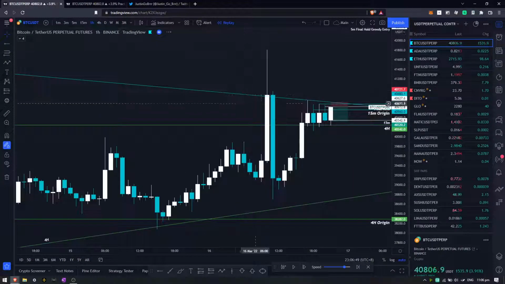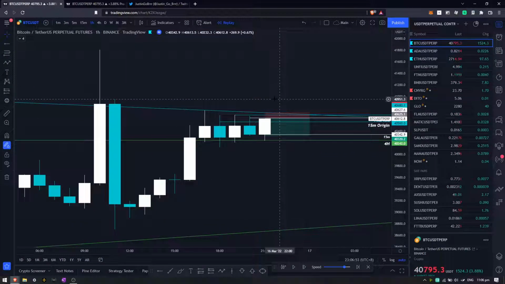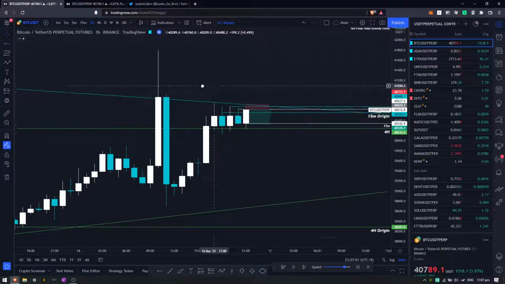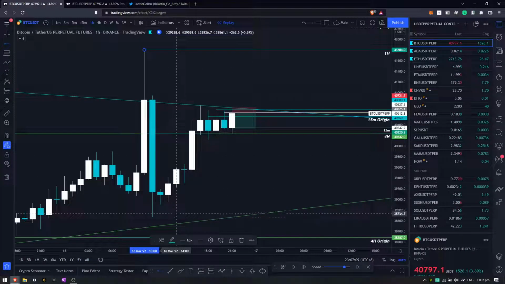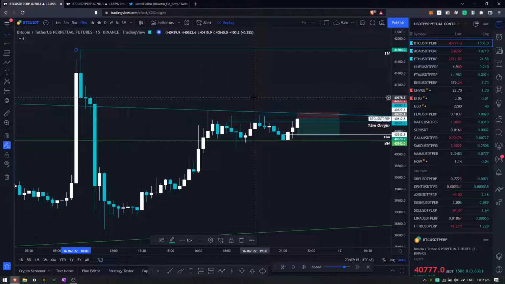If you go to the lower time frames, we can see that during this time it was being respected. So this could have been a hint for me that this might be a decent level to enter. Maybe I forgot this 1 hour range level here. So this is also a 1 hour range level.